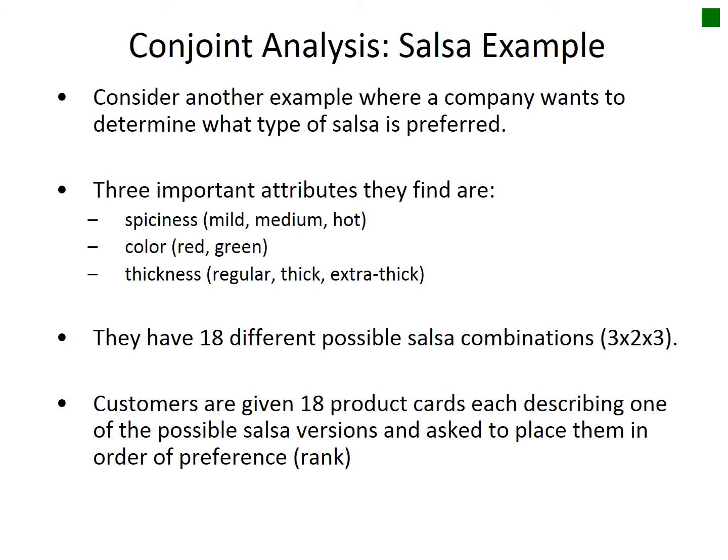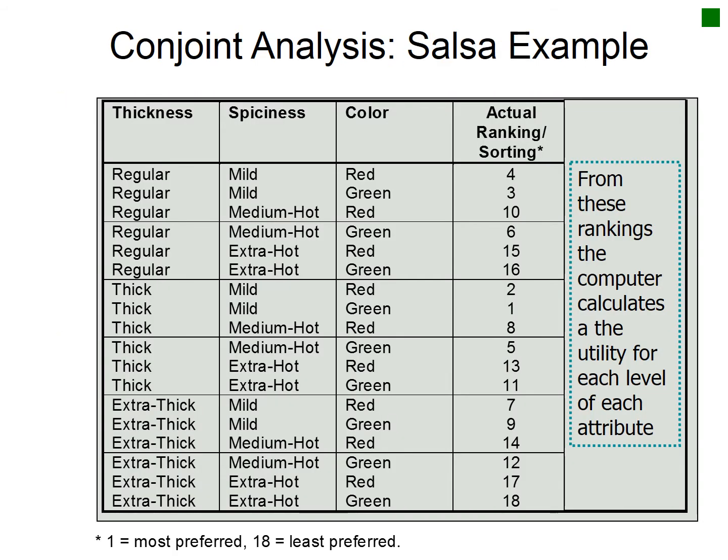And so customers would be given a description, some card or picture, of the 18 different products, and then they'd simply put them in rank order. Once you collect the data, you can simply do a simple count of which ones were most preferred versus least preferred.